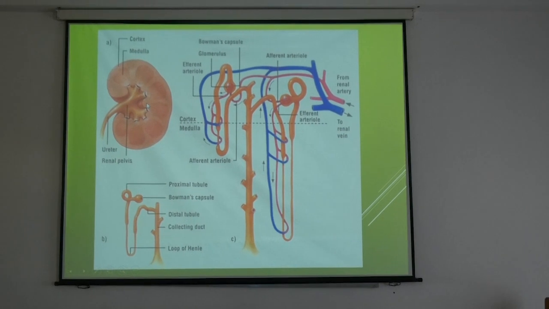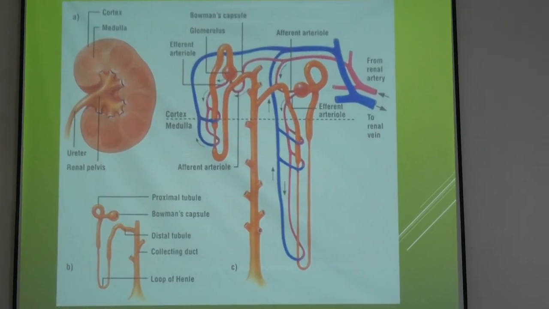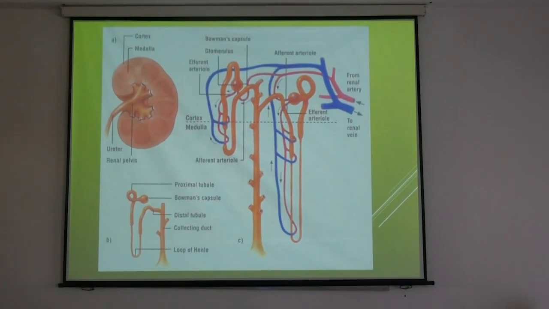In the kidney the urine is formed. After the kidney, the part through which the urine is excreted or given out from our body is called the urinary tract. So what are the constituents of the urinary tract? Ureter, urinary bladder, and then urethra.